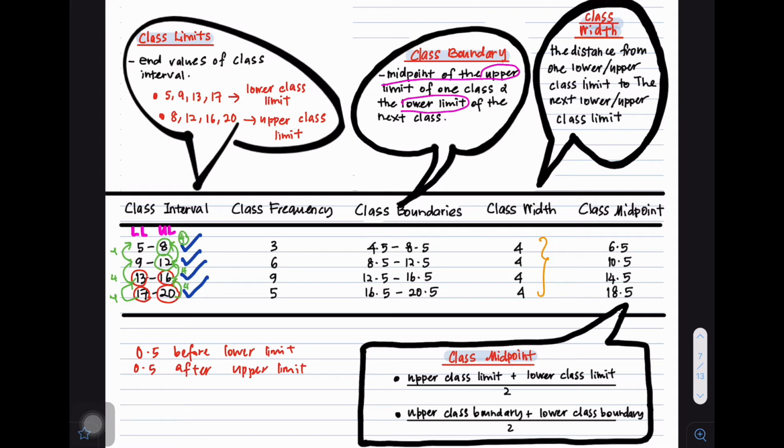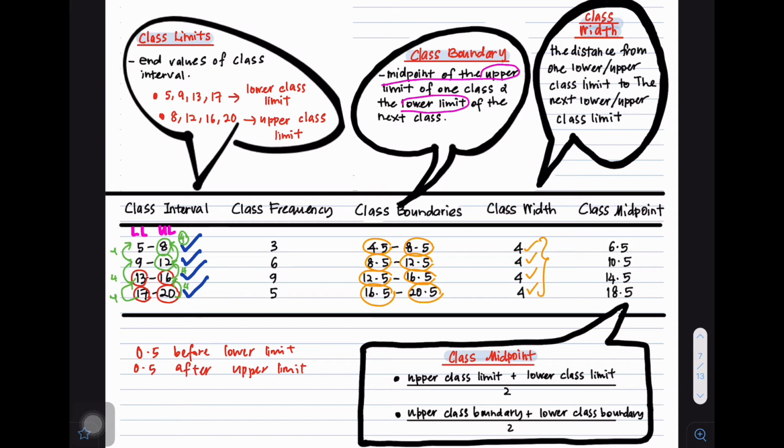So how can you find the class width? One other method is by taking the upper boundary minus the lower boundary. 8.5 minus 4.5. So you have the class width is 4. 12.5 minus 8.5, the class width is 4. 16.5 minus 12.5, the class width is 4. And 20.5 minus 16.5, your class width is 4.